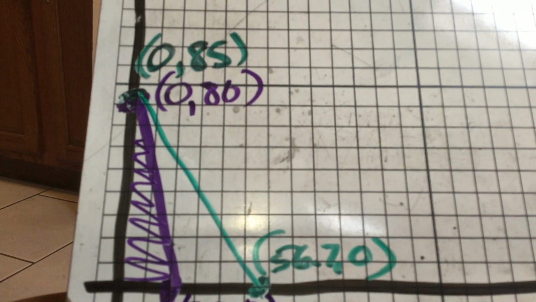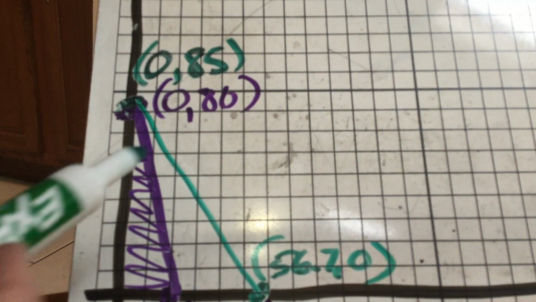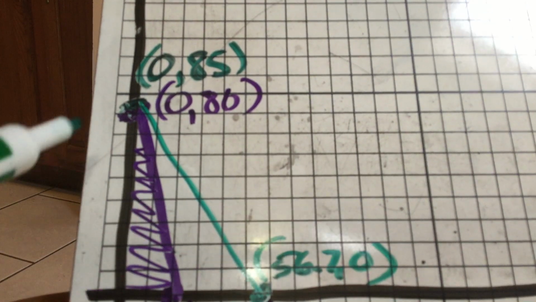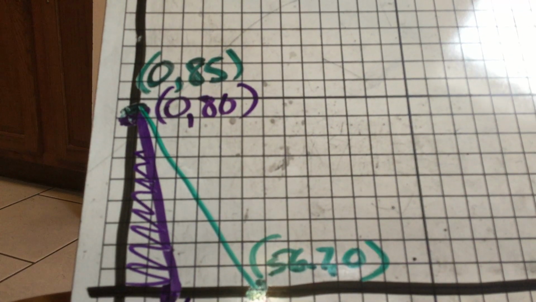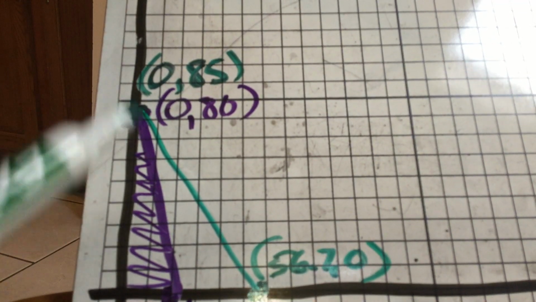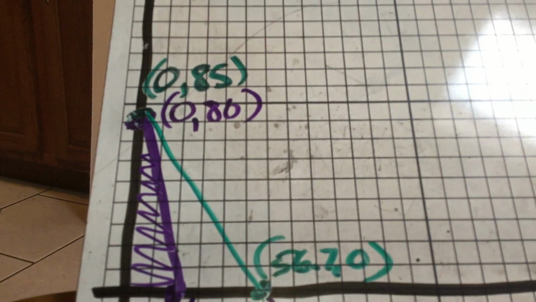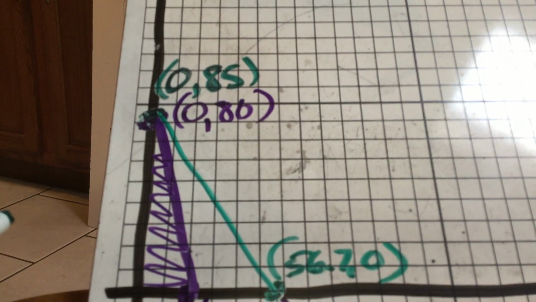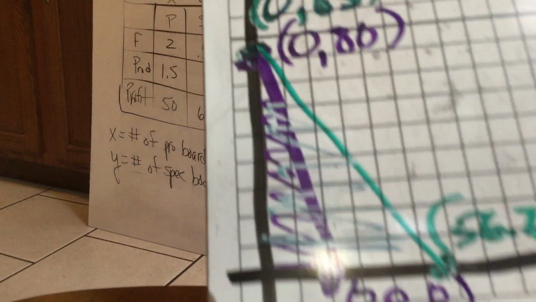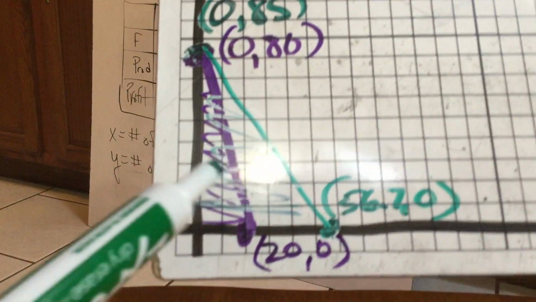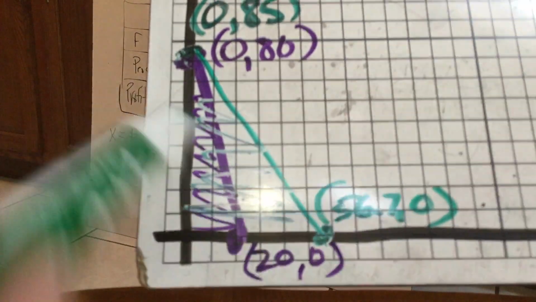This is a little bit strange because notice that the green line is totally above the purple line. So when I do my shading, the overlap is just going to be the purple part.